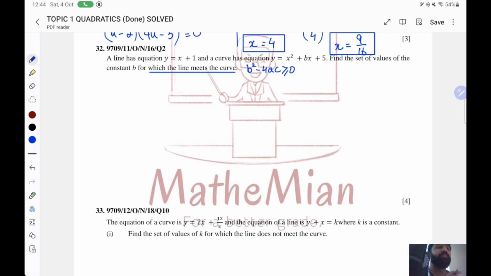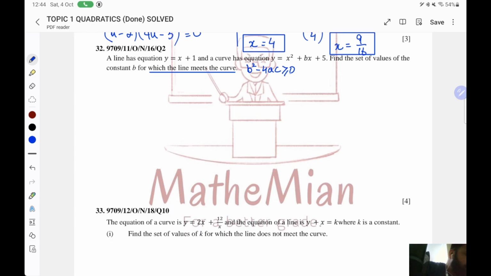He was very specific, but in this scenario he says that the line meets the curve, so he is not being specific about which scenario. Whenever this is the situation, you always put b square minus 4ac greater than or equal to 0.